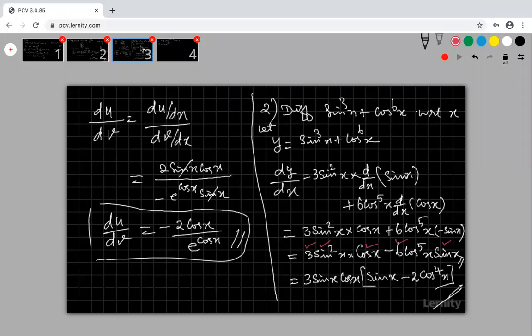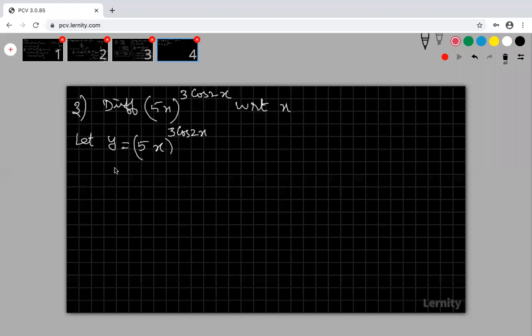Taking log on both sides. Why are we taking log on both sides? Please see that my power is a function of x. If the power is a function of x or function of y, we have to take log on both sides and apply logarithmic differentiation.